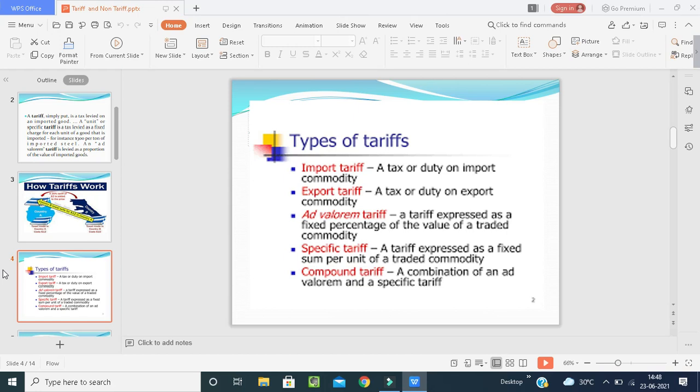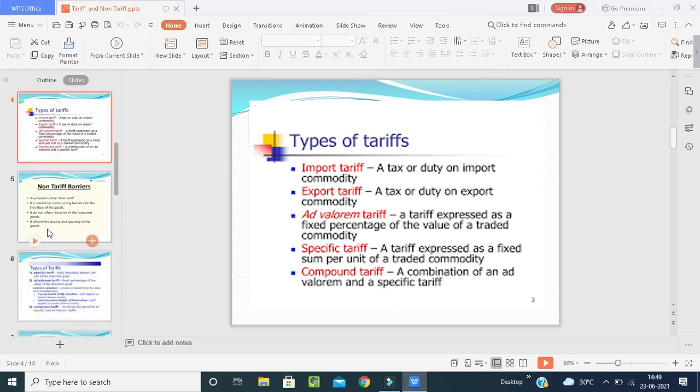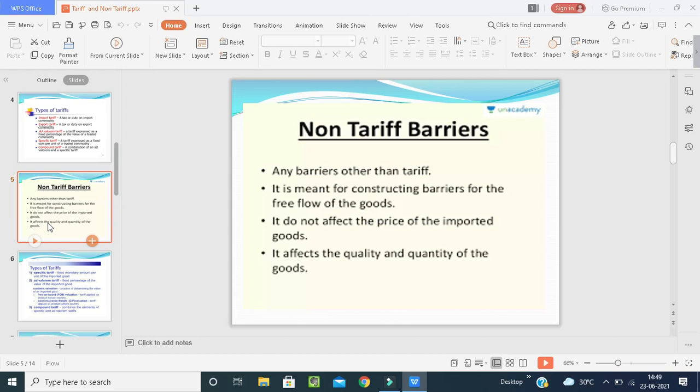Per unit they charge a fixed amount, whereas in ad valorem they charge a percentage of the overall sum. Compound tariff is a combination of an ad valorem and a specific tariff, and depending on the situation of the goods, it will work accordingly.